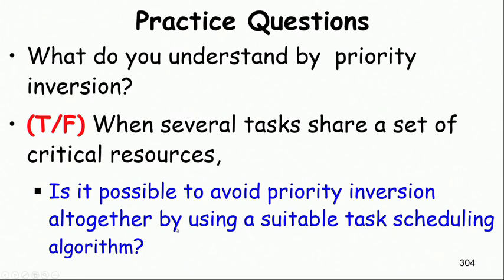The answer to this question is no, because if a low priority task is holding the resource, then the high priority task has to wait, and therefore, at least one priority inversion must occur. Whatever may be the resource sharing protocol that we use, it is not possible to avoid priority inversions altogether.